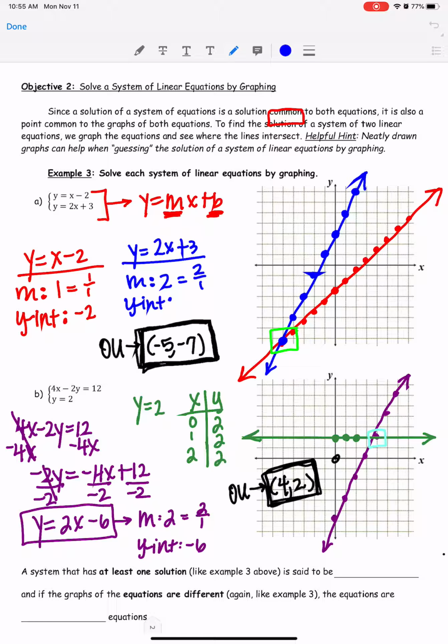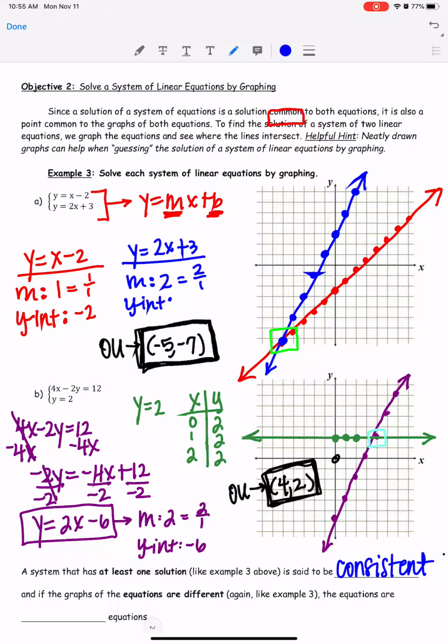Down here, we're going to finish this page with some definitions. It says a system that has at least one solution, like both of these in example 3, is known to be consistent. So if it has at least one solution, if it crosses somewhere, then it is consistent.